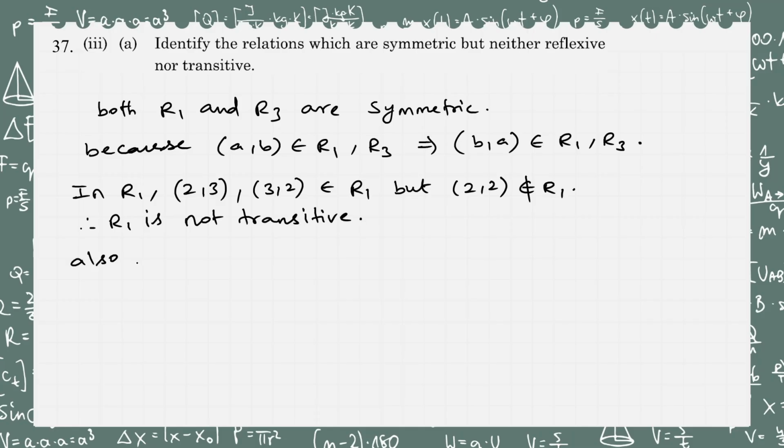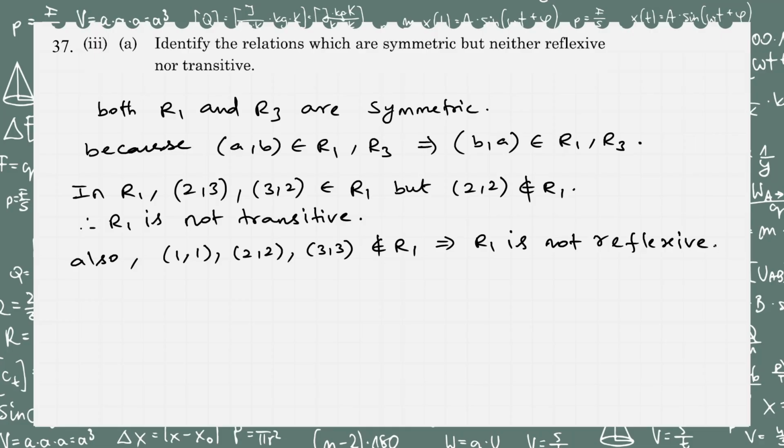Also, 1, 1, 2, 2, 3, 3, none of them are available in R1. That implies R1 is not reflexive also. So we have given enough information, and let us write about R3 as well.